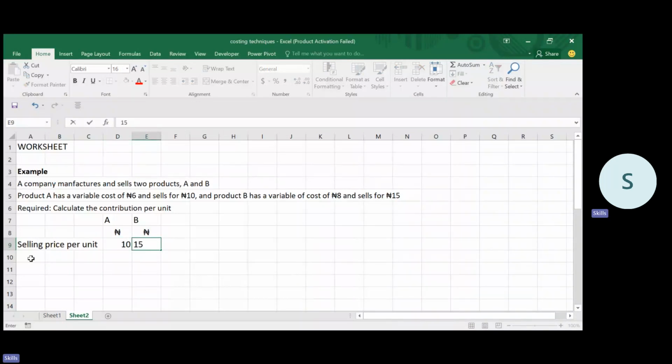Then the variable cost per unit for product A is 6 naira, and for product B is 8 naira.